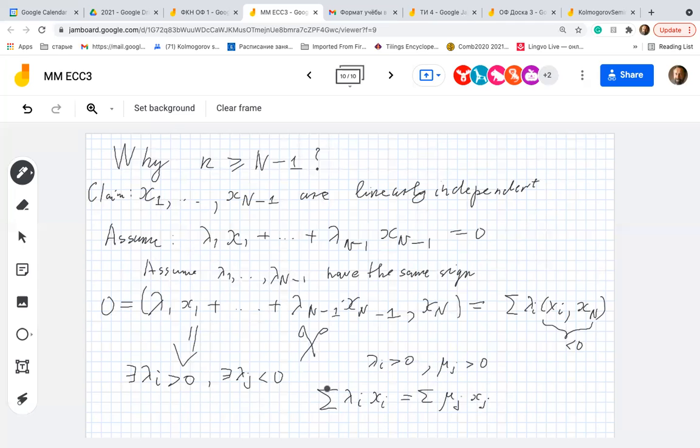That means that at least one term is in the left-hand side and at least one term is in the right-hand side. And in that case, we obtain a contradiction just by considering the square of these vectors. So this is the same vector represented in two different ways. So its inner square is non-negative, because it's a square.